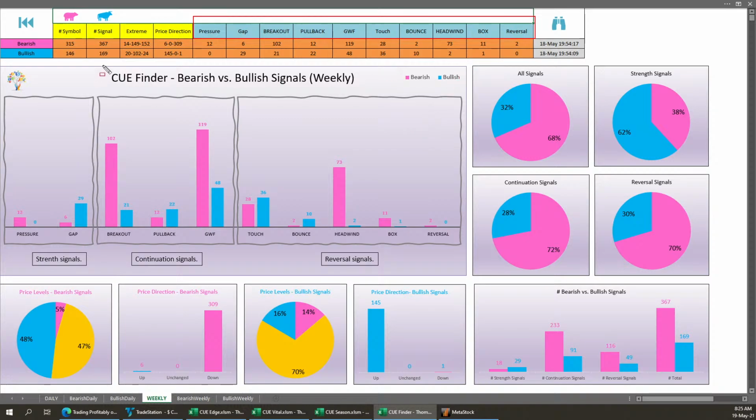The weekly picture, balance between bears and bulls, all signals 68% bearish, strength signal more bullish 62% bullish, trend continuation bearish, reversal also bearish.